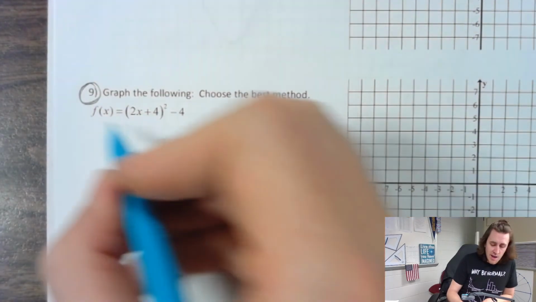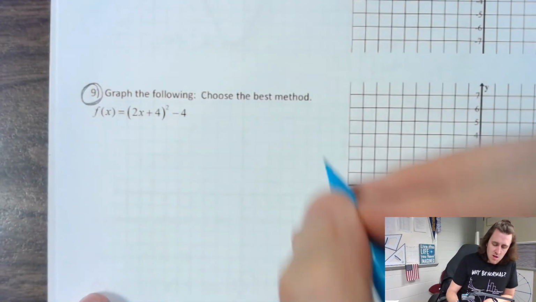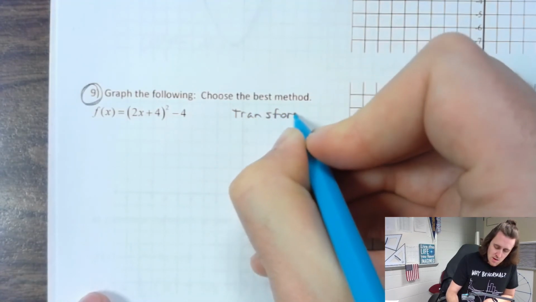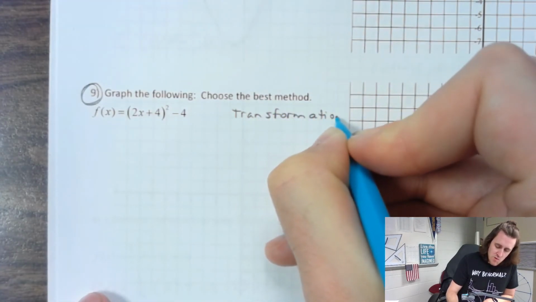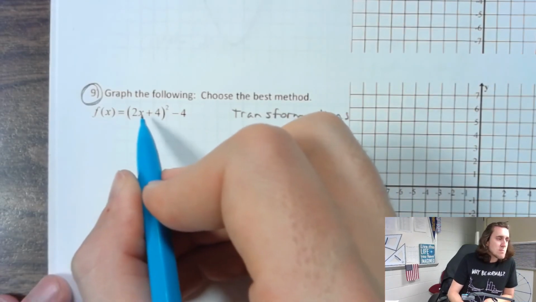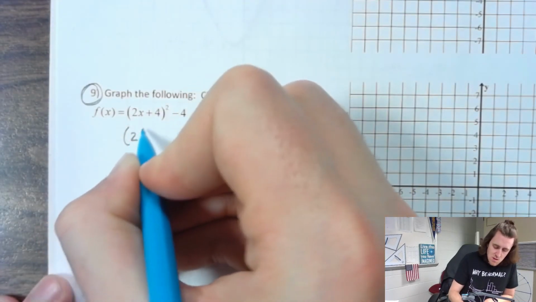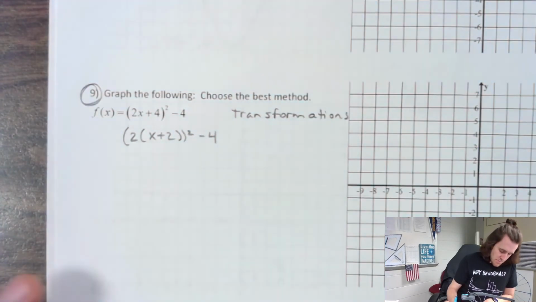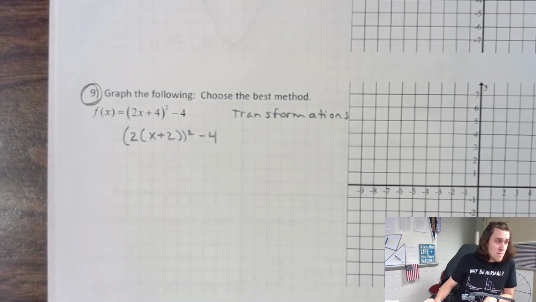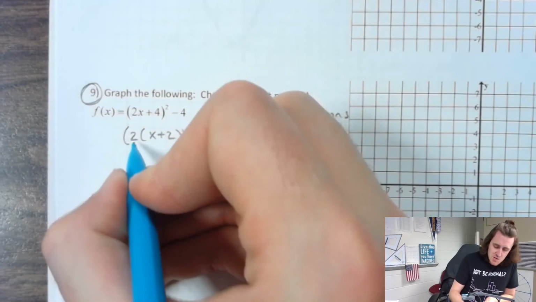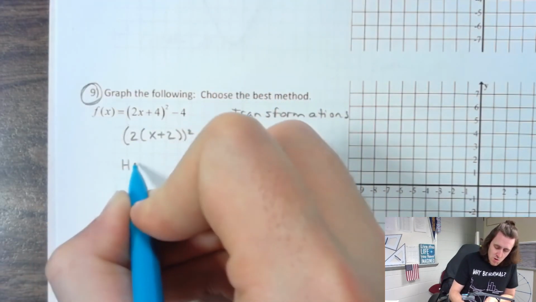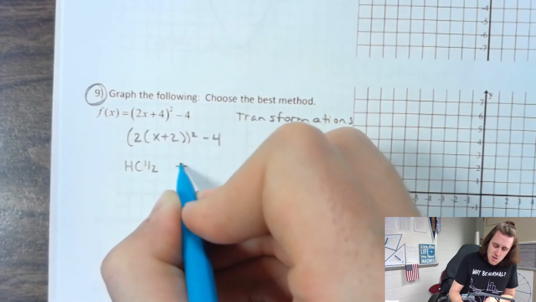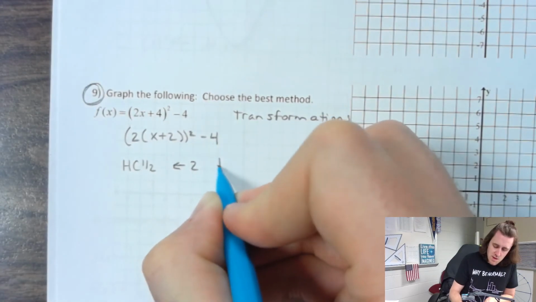This is in vertex form. So we may want to do transformations as our method. But recall, when you have a number in front of the x, you have to factor it out, like so. And then list your transformations. At 2 there is a horizontal compression. That 2 here is going left 2 and then down 4.